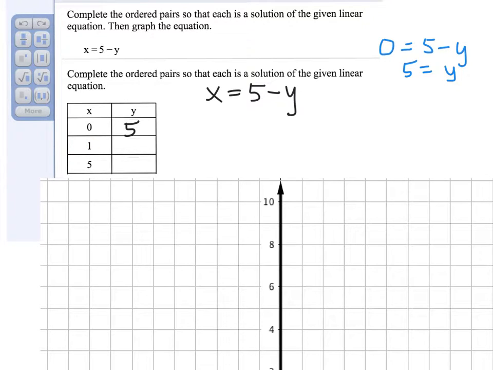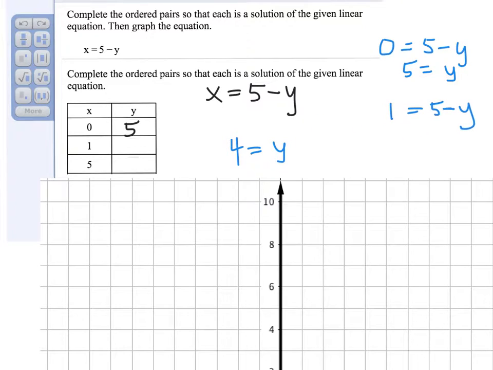So let's do that. So x is 1 equals 5 minus y. So it says 5 minus y has to equal 1. Well, that means y has to be a 4. So now we know that y has to equal a 4.